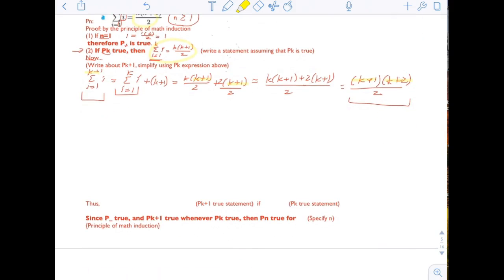Okay, so I can say down here, thus, the summation of i equals 1 to k plus 1 is equal to k plus 1 times k plus 2 divided by 2 if, and then we put the P of k expression here: the summation from 1 to k is equal to k times k plus 1 divided by 2.